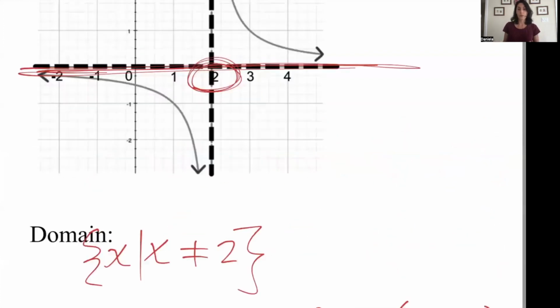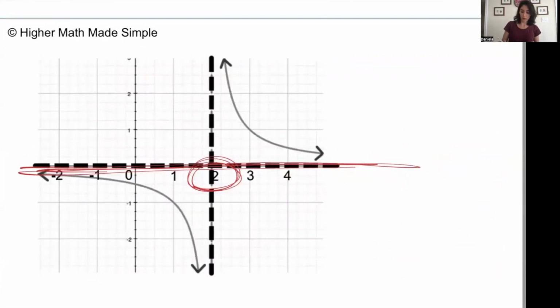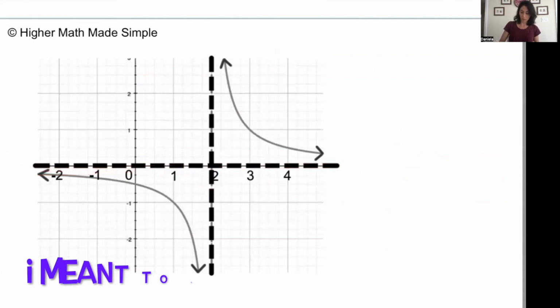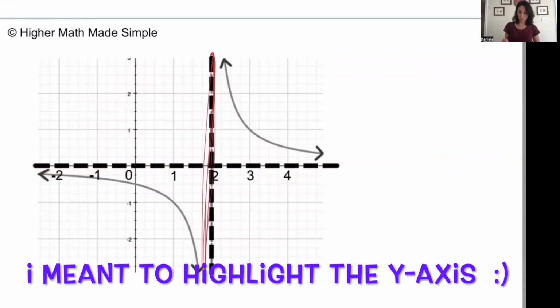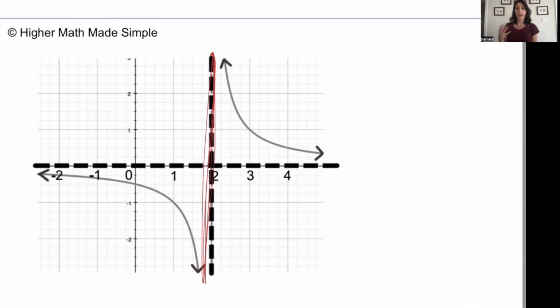So now the range are the set of all the y values. So we are going to be looking at all of these values here. So again, you want to ask yourself, is it all real numbers? Is there any part of the graph where we see that it does not exist? And of course, here is that y value 0. So because there's that horizontal asymptote, it's very similar to the vertical asymptote at x equals 2.